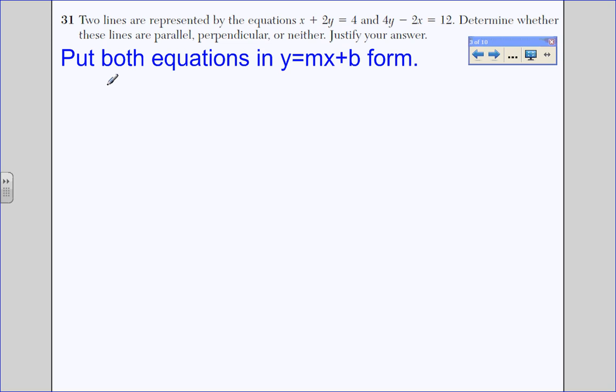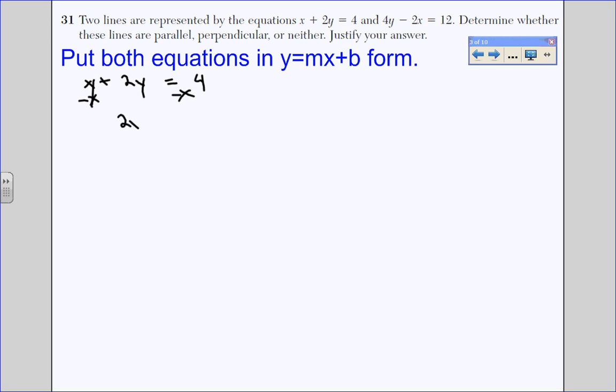So the first equation is x plus 2y equals 4. Now, if you're having trouble with this, check out my other video on putting equations in y equals mx plus b form. Essentially, what you want to do is isolate y. So I'm going to move x to the other side, doing the additive inverse of x.